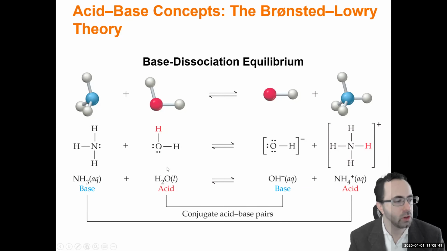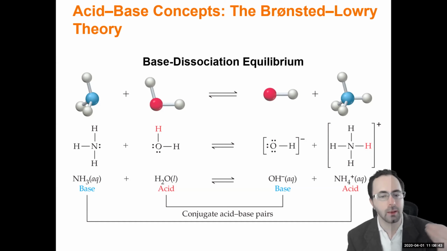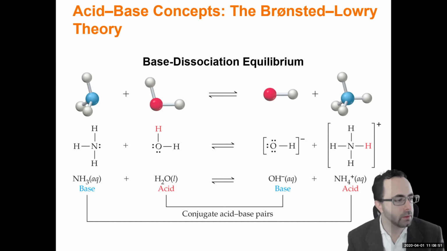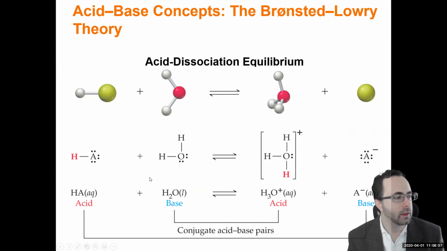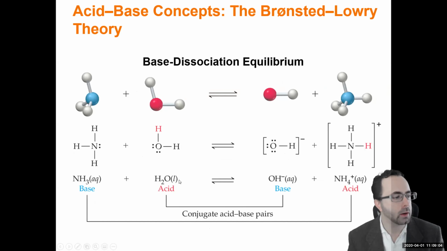Essentially, which is the stronger acid, meaning wanting to give up the H+, and which is the stronger base, wanting to hold the H+. So in the case of this base dissociation, the water was the stronger acid and the NH3 was the stronger base. In the case of this, the HA was the stronger acid and the water was the stronger base. As you can see, water can act like both an acid and a base. The term for that is amphoteric.